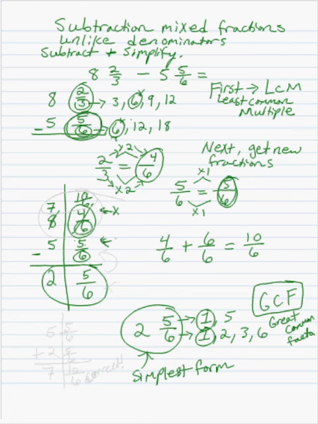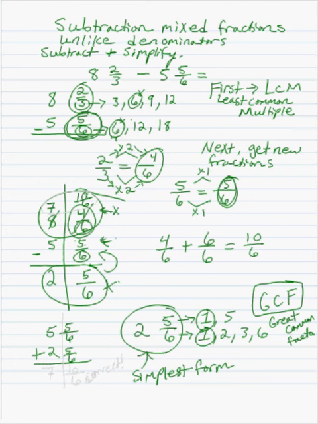And to check ourselves, we could take the fraction right above, which is 5 and 5 sixths, and we can add our answer, which is 2 and 5 sixths, and we can see if it equals what we had on top.